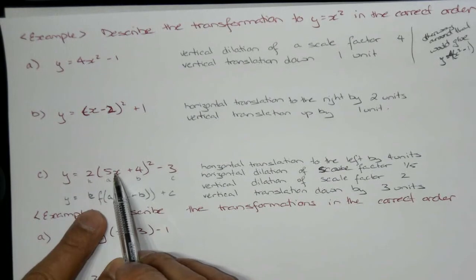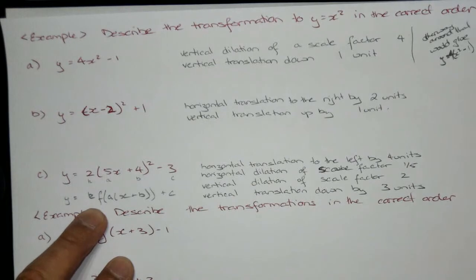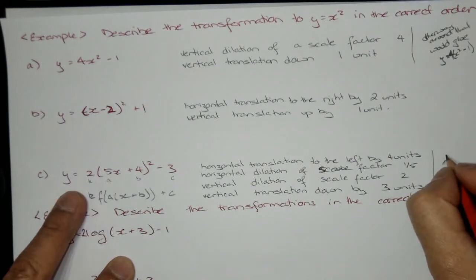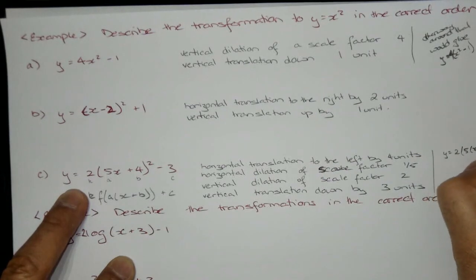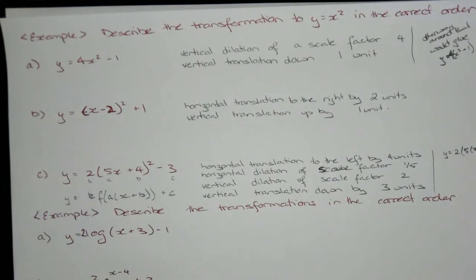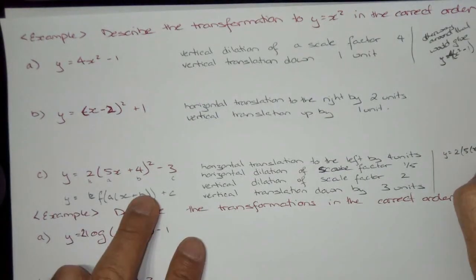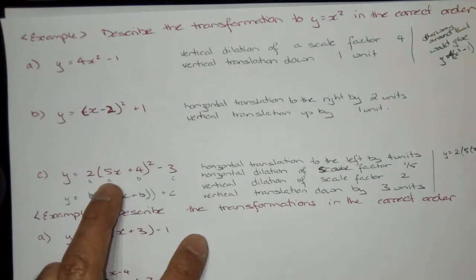If I had a factor outside, and say, for example, if it looked like y equals 5x plus, so let me take the factor of 4. So I want to get 4.